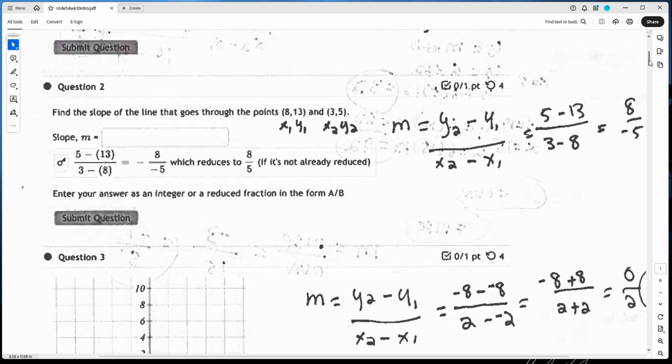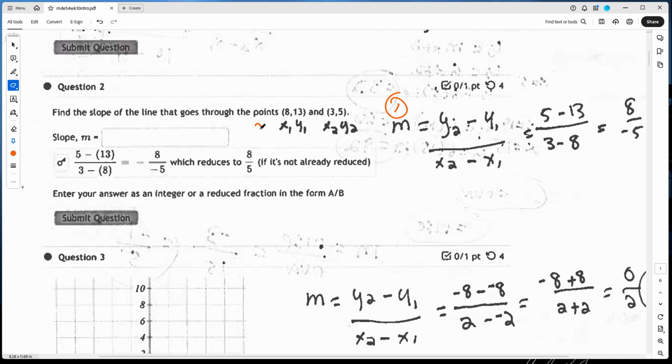Find the slope of the line that goes through the points (8, 13) and (3, 5). So with this problem, there are certain things you have to do first. The first thing you want to do, write out your formula.